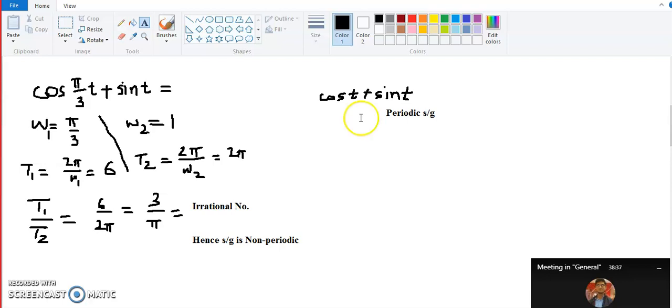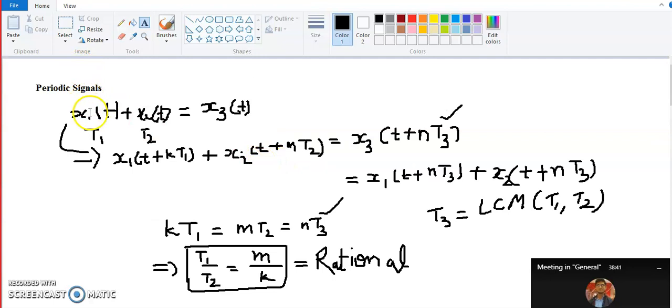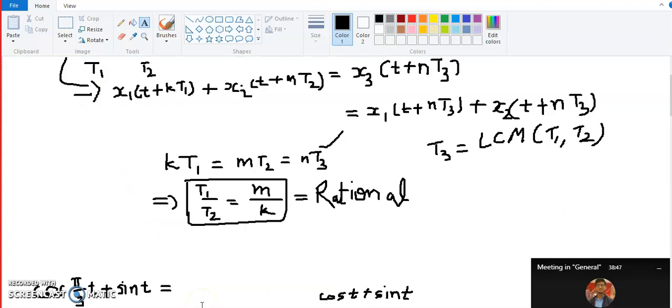Similarly, this argument holds good for the, this was for continuous time signals. Similar argument holds good for the discrete time signals also.